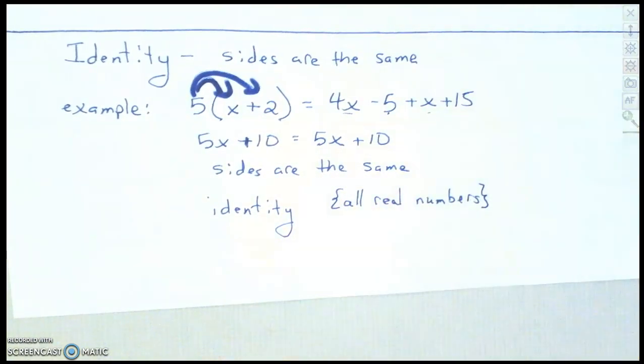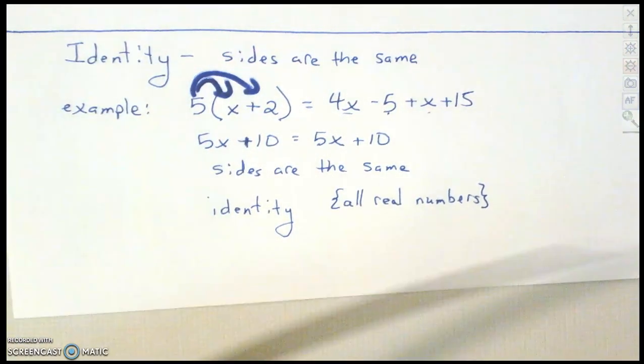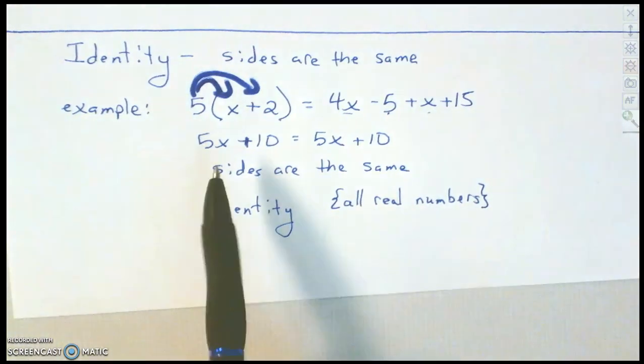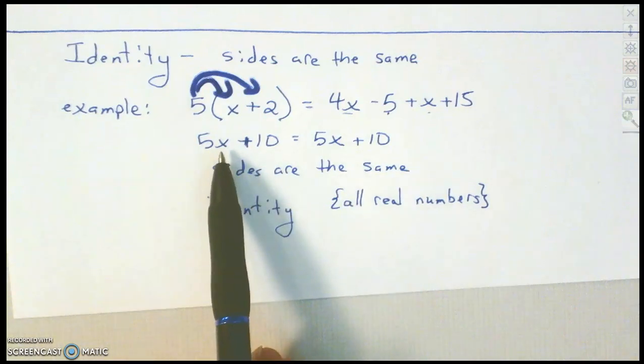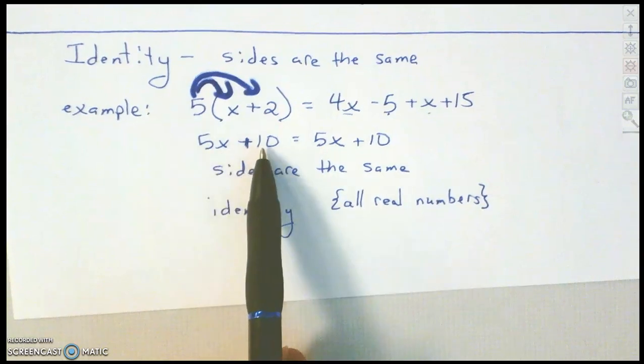What that basically means is whatever number I plug in, the sides are going to be the same. So let's look at this quickly, and let's plug in some different numbers, and you're going to see that they are the same. If I plug in for x, let's say x equals 3: 5 times 3 is 15, plus 10 is 25.